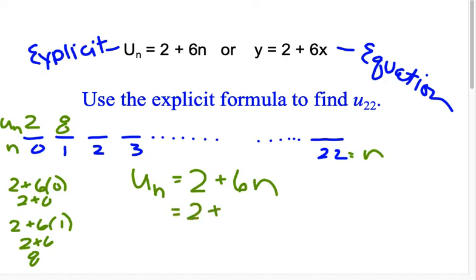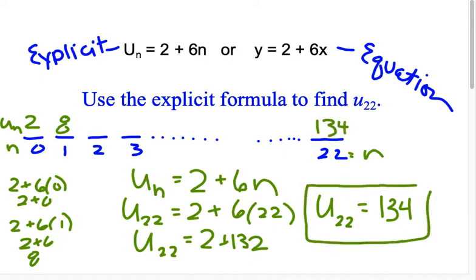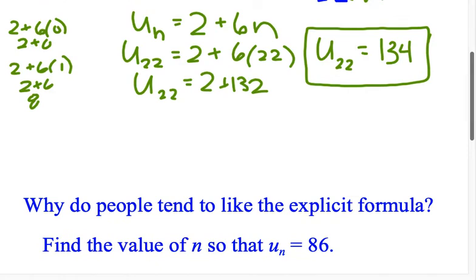So every time I see an n, I'm going to replace it with 22. So it looks here that the value of the 22nd term is 134. So to officially write that, you'd say u sub 22 equals 134 is how you would write that the most mathematically correct.